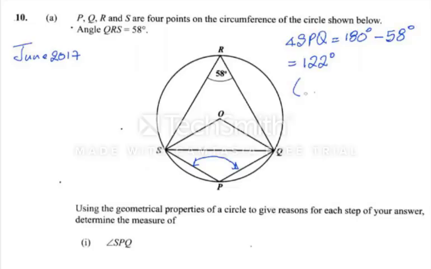And what is the reason for this? They're opposite angles of a cyclic quadrilateral. Opposite angles of a cyclic quadrilateral are supplementary, that is, they add up to 180 degrees.